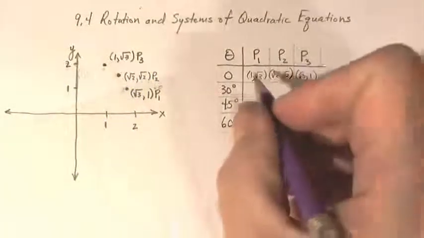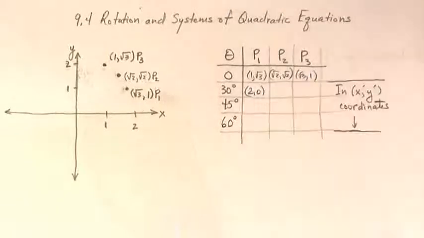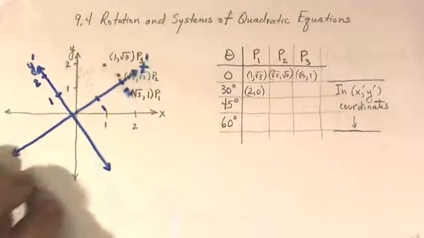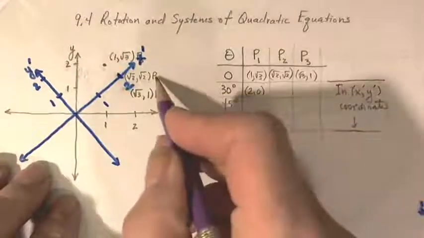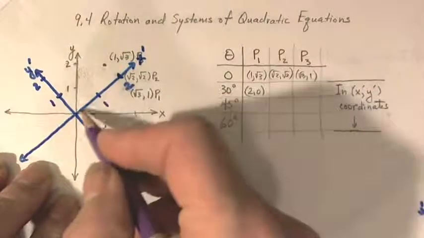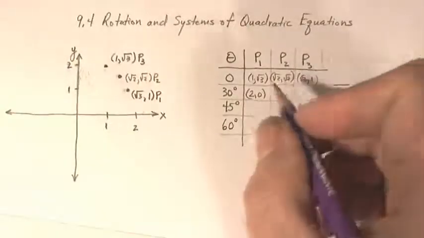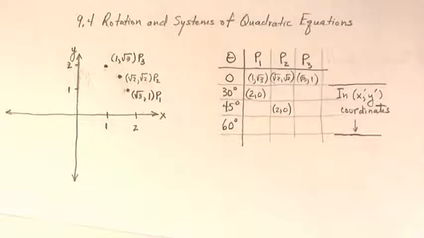So I could write this as 2, 0, and if I keep rotating this to 45 degrees, then it's P2 that would be 2, 0 in the x primed, y primed. So this one would be 2, 0.